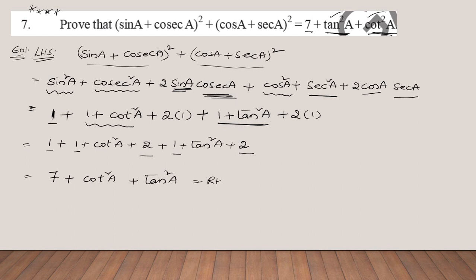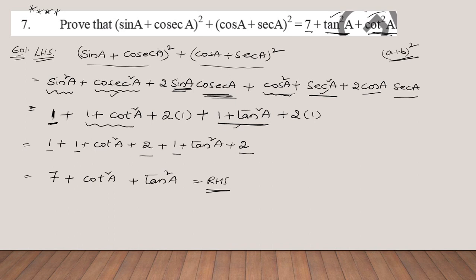Which is nothing but my required RHS. The only thing that we have done is apply the (a plus b) whole square formula, and after that we got 6 terms. Among these terms, sin square A plus cos square A is nothing but 1 from the identity, right? Next, since I require it in terms of tan and cot, cosecant square I changed as 1 plus cot square, and secant square as 1 plus tan square.